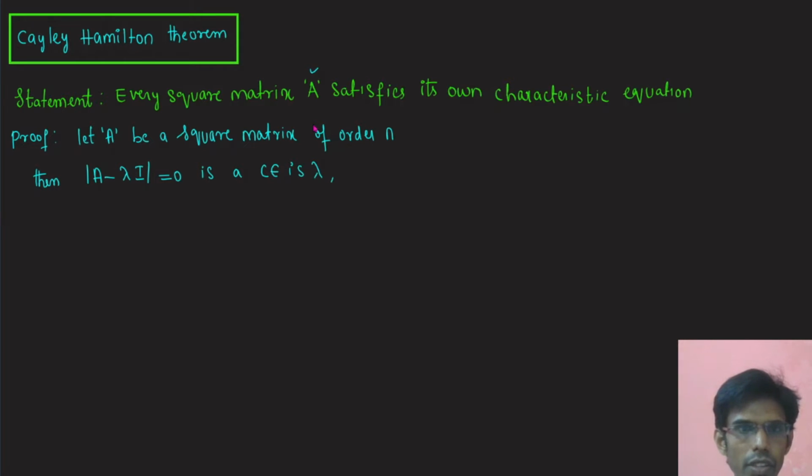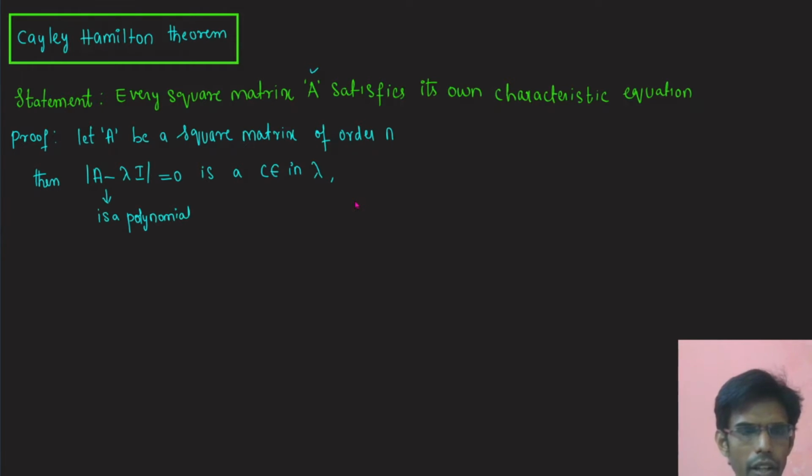Here lambda is a scalar quantity or parameter, we can say. Determinant of A minus lambda I is a characteristic equation in lambda. So here I can say that this is a polynomial. If we expand this, it will be a polynomial.